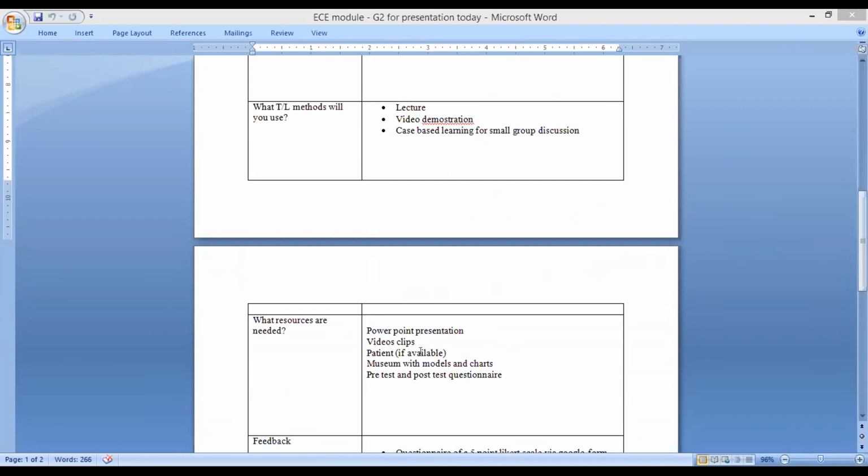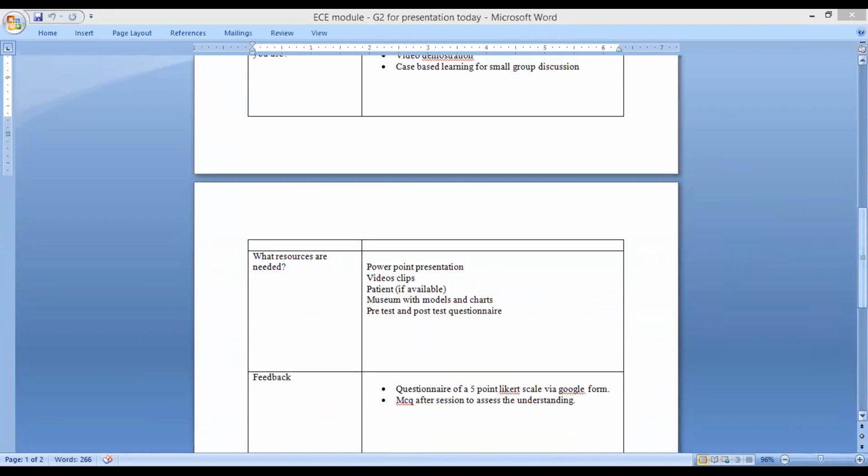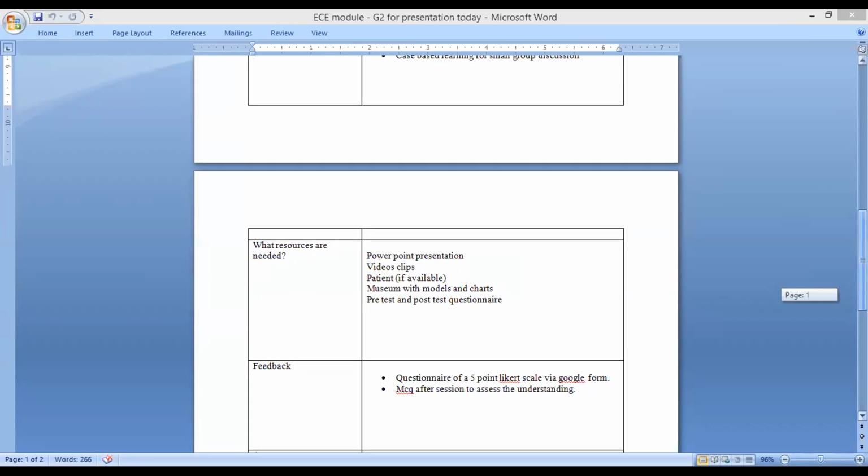A patient can be brought to class if available and if we coordinate with the obstetrics and gynecology and pediatric departments. And for a small group discussion, we can have museums which have models of Turner syndrome patients and charts available for this.